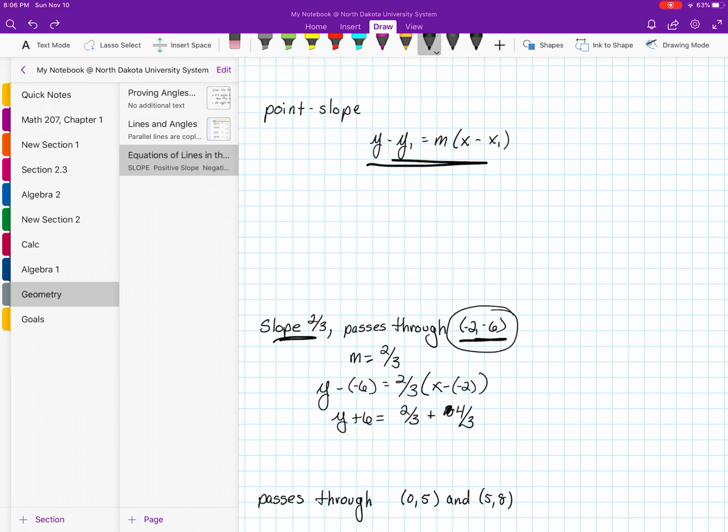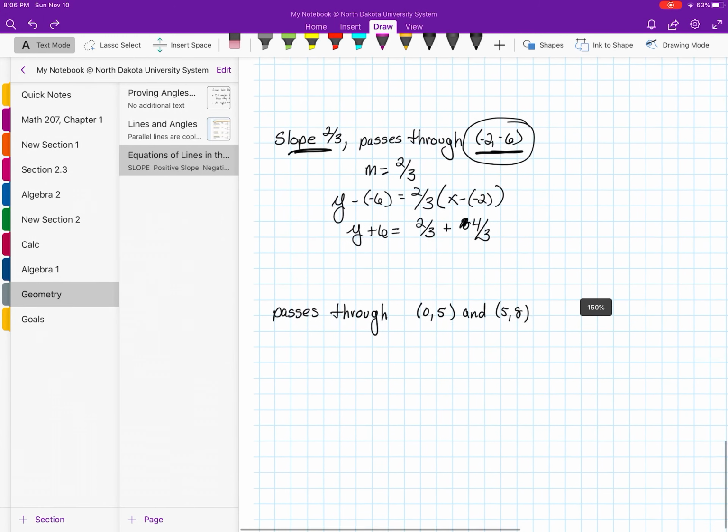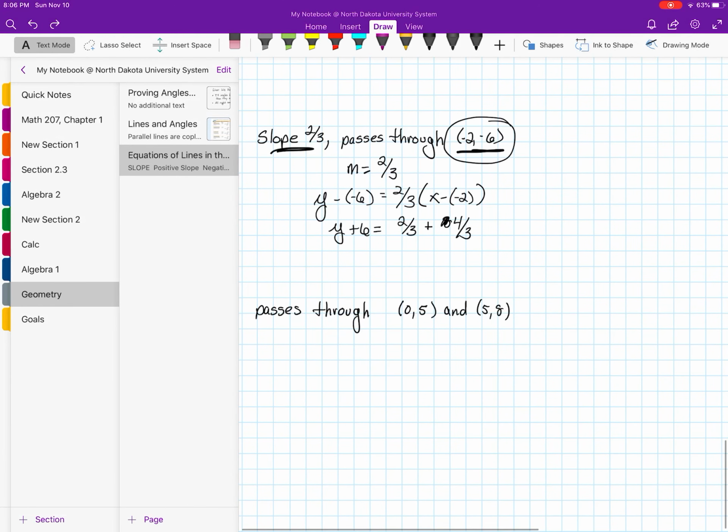Let's do another example. Last one, best one. In this case, we're not given either the slope or the y-intercept, but we are given 2 points, and we can use the point-slope form to write an equation. So let's do that.